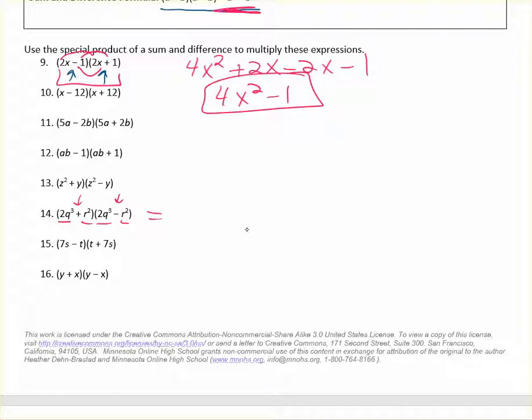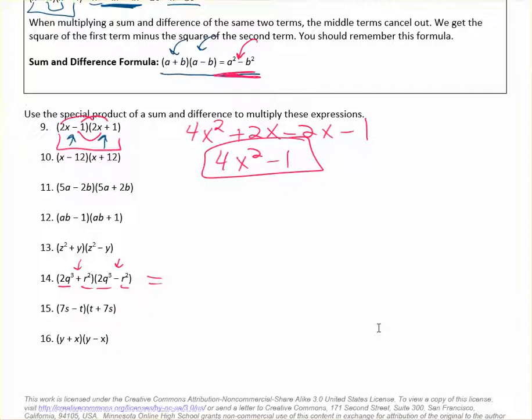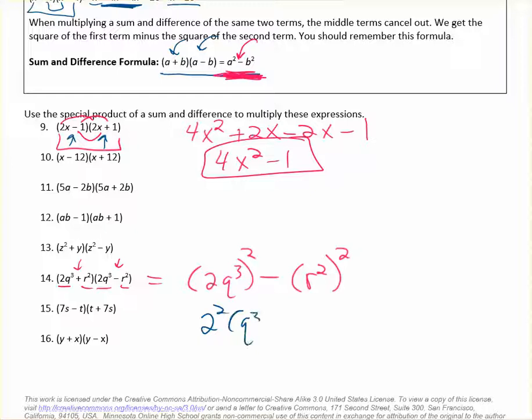I can use the formula. The formula says, here's the formula, that I can just write this as a squared minus b squared. A is 2q cubed, and it's minus, always minus. And B is r squared, squared. I have to square both of them. I'm not done. This is not simplified. This is crazy looking. So when I square 2q to the third power, I have to square the 2, and I have to square the q cubed.